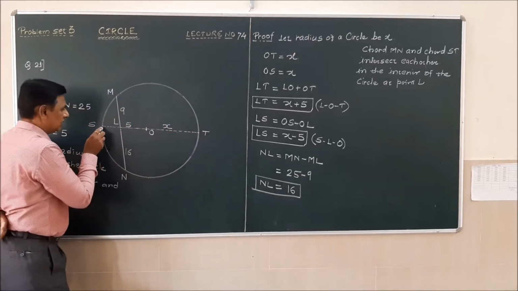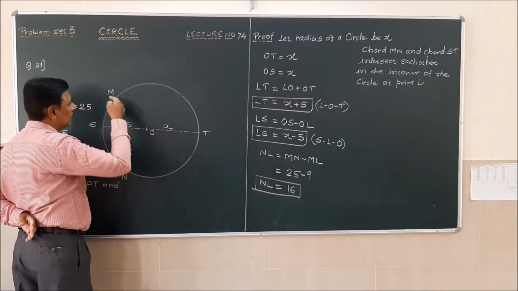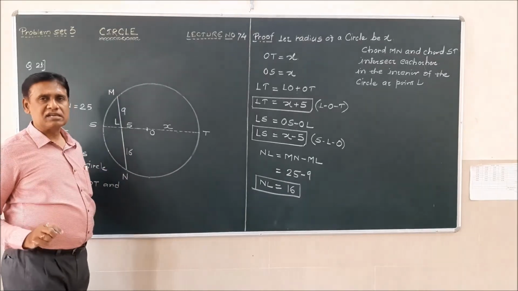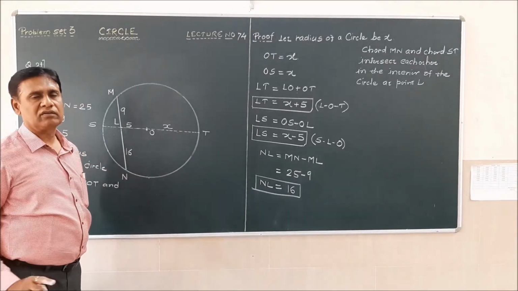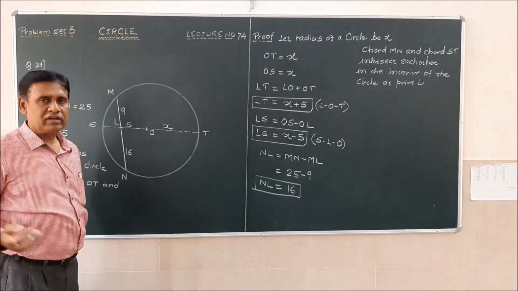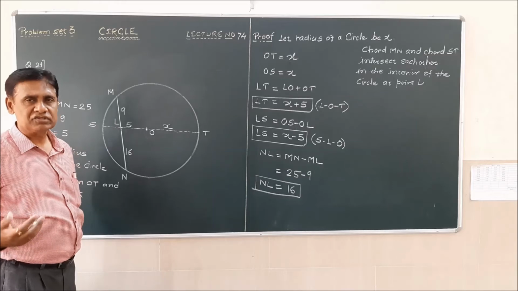Try to understand, ST and MN are the chords intersecting each other in the interior of the circle at point L. So surely now we can use the chord internal division theorem.